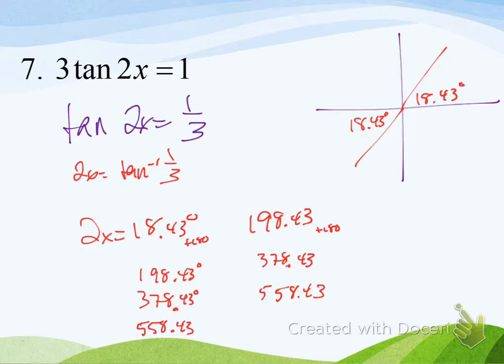Now, there are two 558s, two 378s, and two 198s, so we can ignore the copies. And now we have to take all of these and divide by 2.